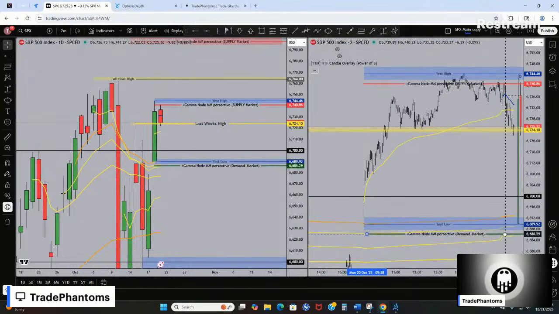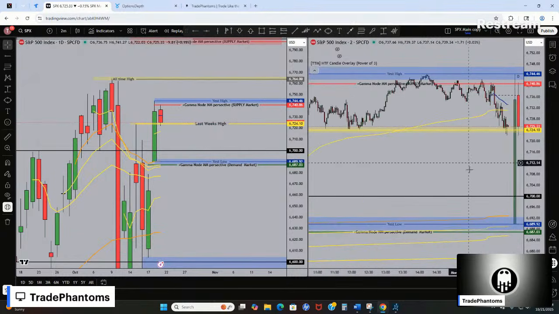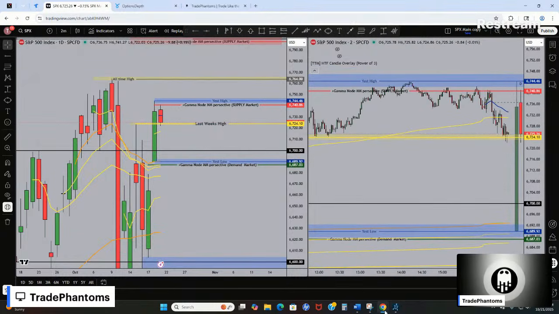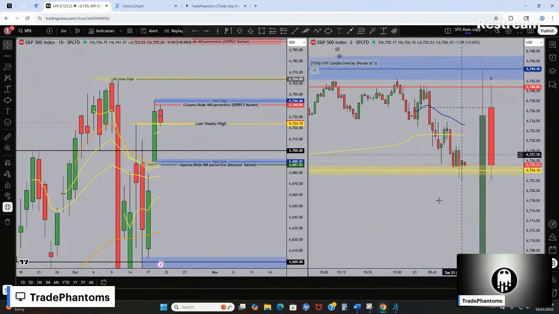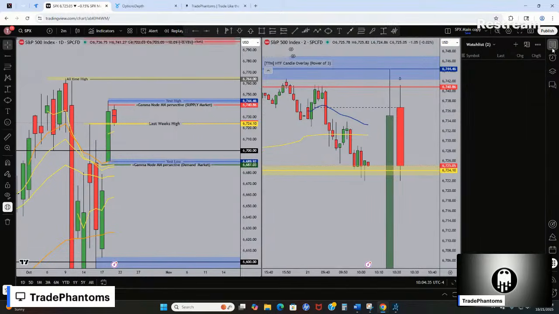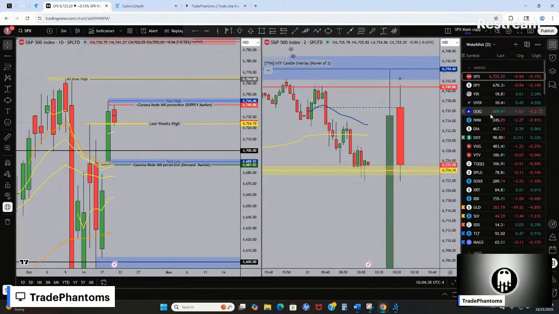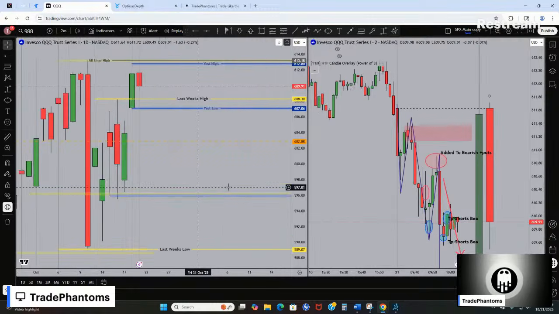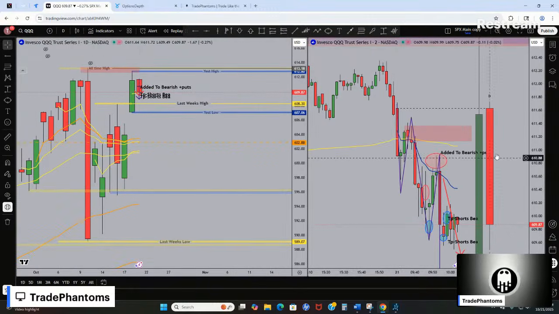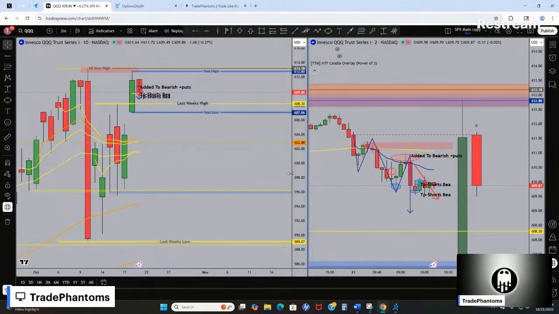So crazy, but yesterday's low. I'm not sure if we're going to get all the way down there today. But Q still remains a little bit weaker than the S&Ps, very slightly. A slight skew there.